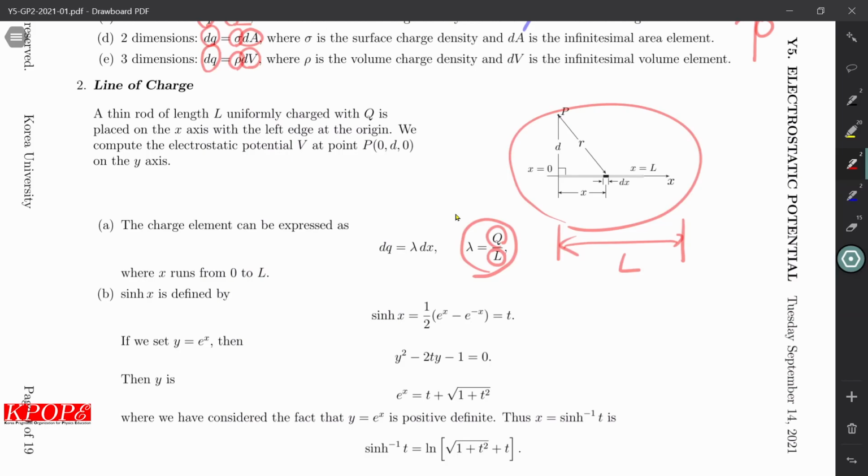If we use a uniform line charge density, a thin rod of length L uniformly charged with Q, then lambda is a constant. And the differential of the charge along this line segment, dx, is like that.